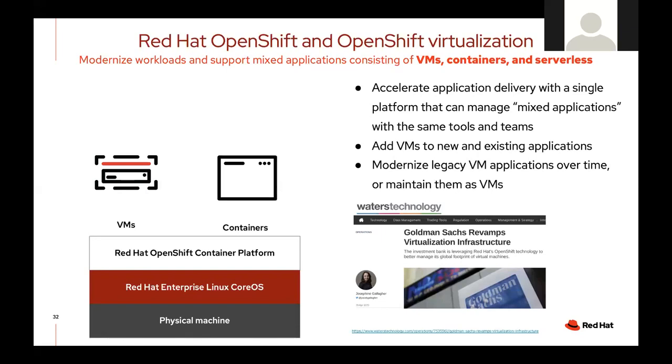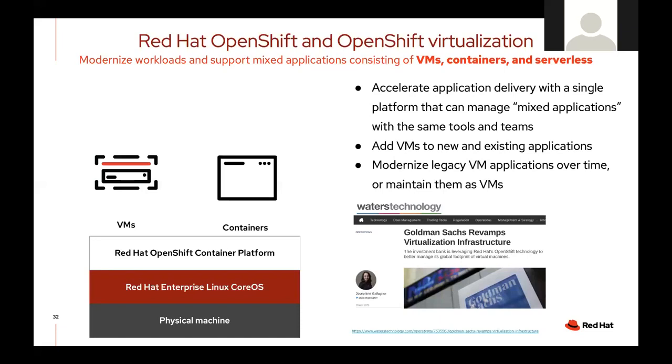Not only this, but we also have serverless functions, already supported with Red Hat OpenShift. With serverless functions, we're talking about the ability of the platform to scale to zero, which means that you have a specific service, but it's actually not running. It's not even running a single instance. So that's why it scales to zero.